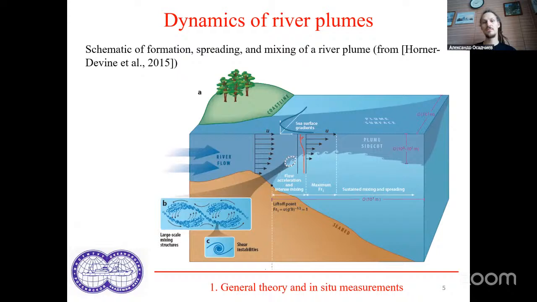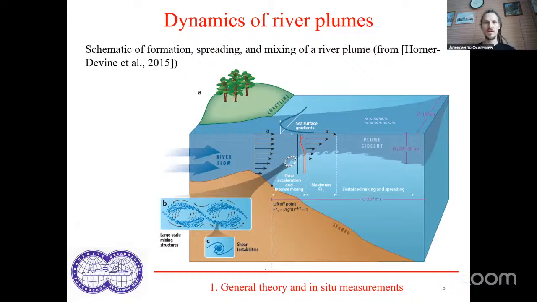When a river inflows to the sea, after the riverine water exits the river estuary, at some lift-off point it loses its connection with the river bottom and sea bottom, goes up, and forms this surface advected river plume, which mixes a lot with seawater.